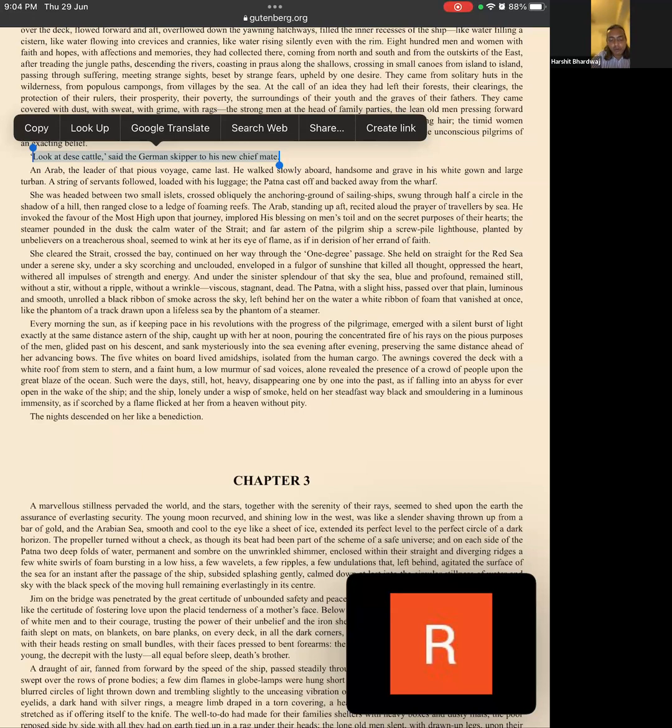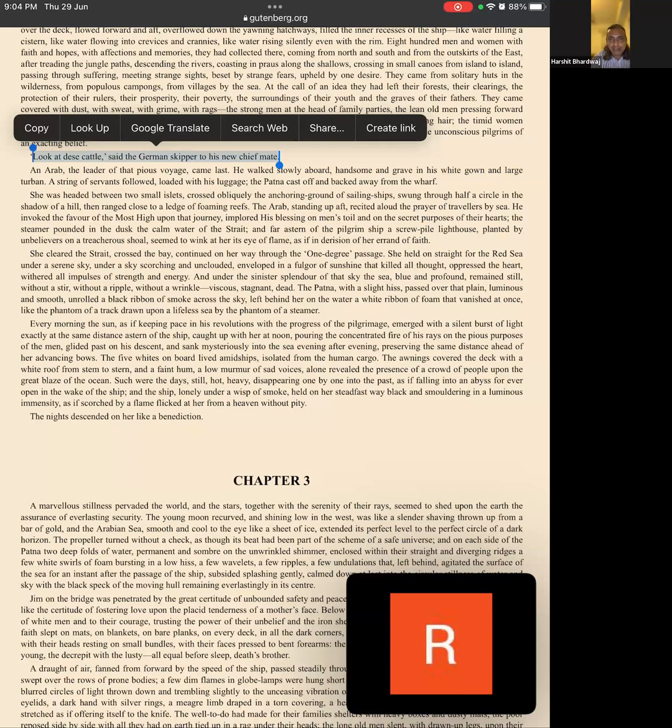And look at how they are described by the German captain. Look at these cattle, right? Everyone remembers the phrase cattle class used by Mr. Shashi Tharoor some time back.